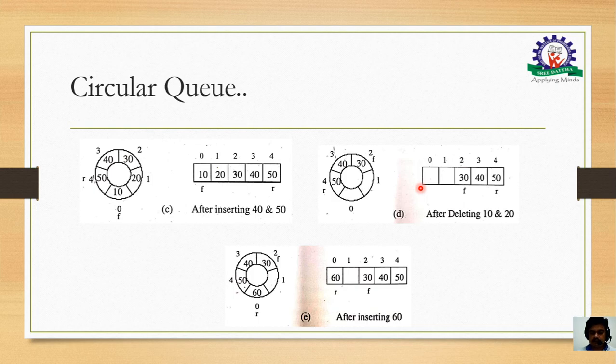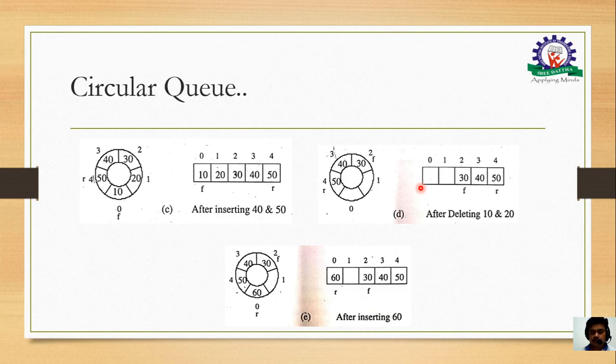Further, to keep track of each insertion or deletion, I will take one special variable called count. Here it contains the number of items in the queue at any instant. So whether I am deleting or inserting, at any instant how many items are available, all that count will be maintained.